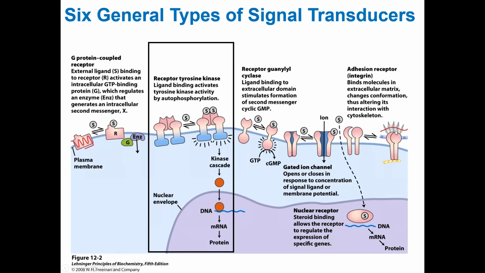When molecules bind in the extracellular matrix, it will change the conformation on the cytoplasmic side, okay? And then that conformational change will be conveyed by its interaction with certain other cytoplasmic proteins, which could be involved in rearrangements of the cytoskeleton, for example. Okay, so these are the 6 general types of signal transducers that you should know at the minimum.